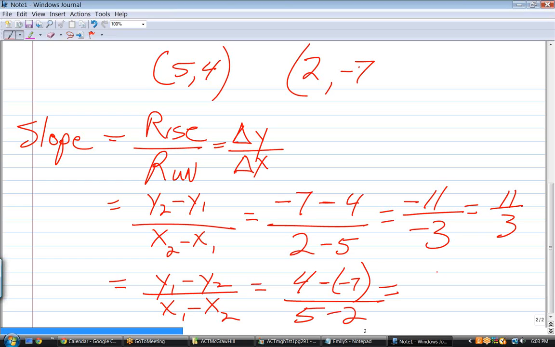Well, the top is positive 11. The bottom is 3. It actually saves 1 step. We don't have to do this last conversion. But if you're going to reverse them, make sure you reverse both. If you reverse the top without reversing the bottom, you'll get the number on the slope correct, but you'll get the sign wrong.